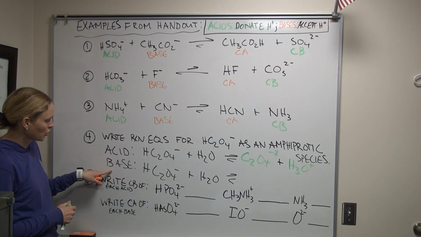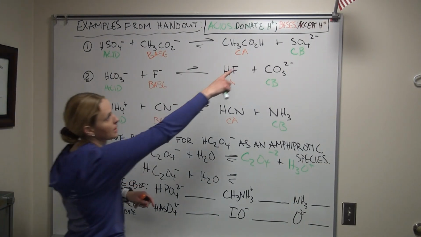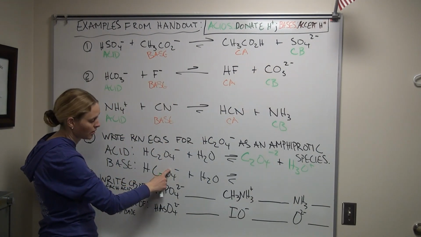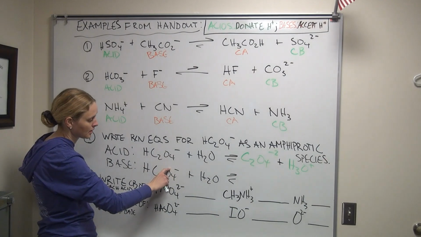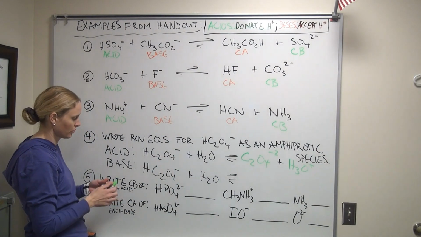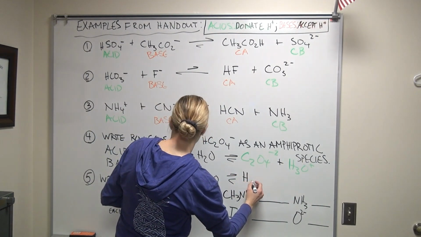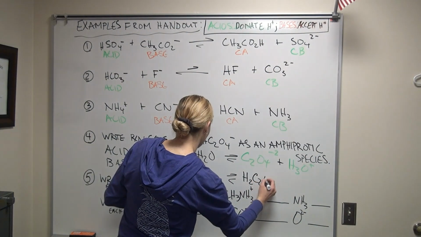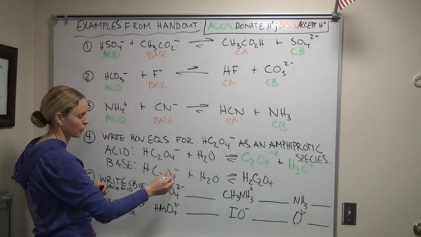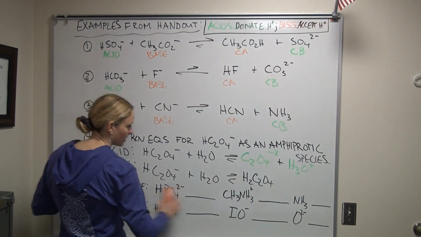Okay, so we want to now write it acting as a base. So bases accept a proton, okay? So one of the oxygens here on the species is going to take a proton from the water molecule. So when we do that, it's going to become H2C2O4 neutral, because we're gaining a plus charge.